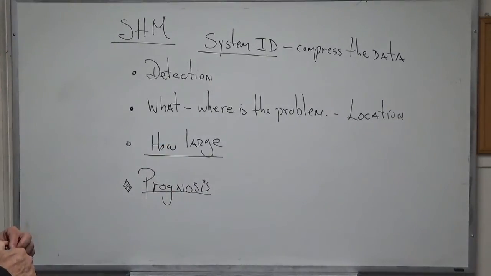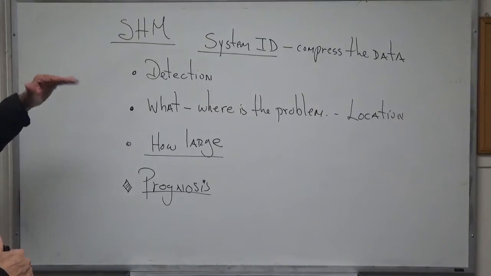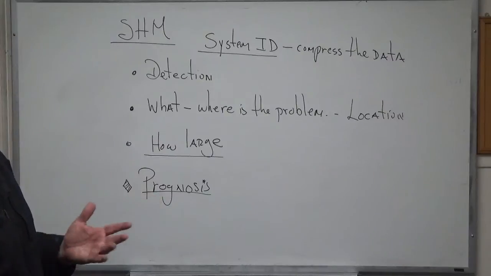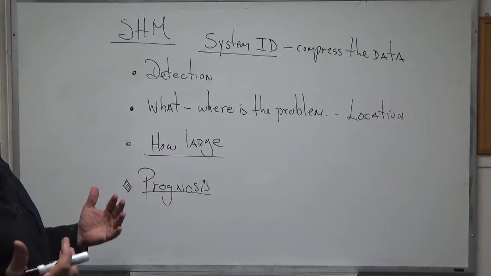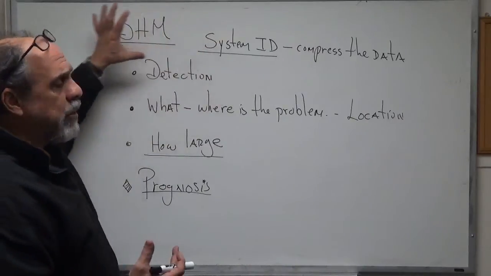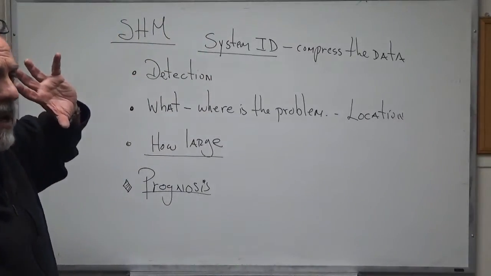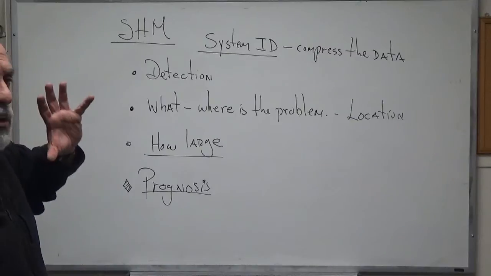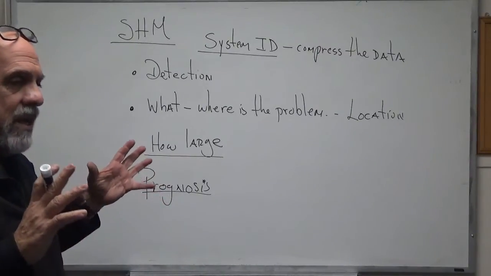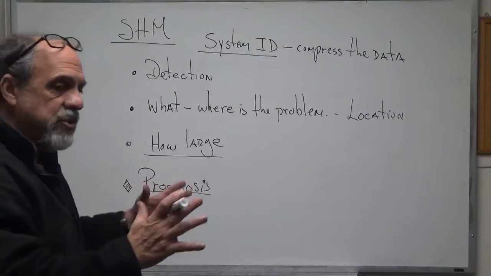We should always keep in mind that the structure doesn't know how much we analyze it or how much identification we do, right? The structure only knows what you do to it. So with system ID, structural health monitoring, all these things, one has to keep in the back of our minds constantly that all we're doing is providing information to people who must make decisions with regards to interventions.